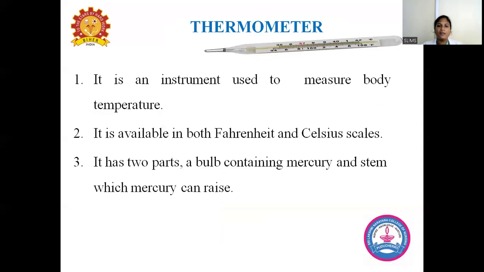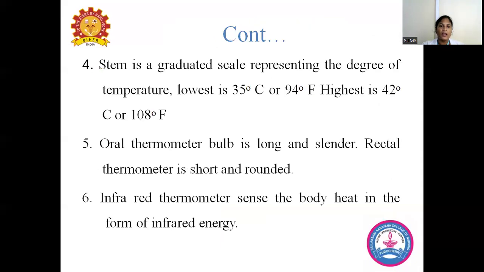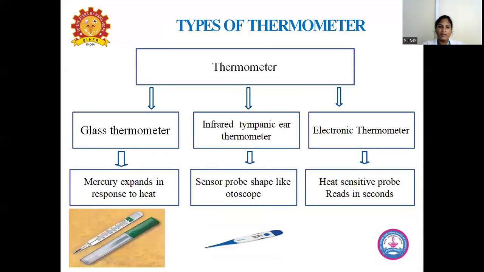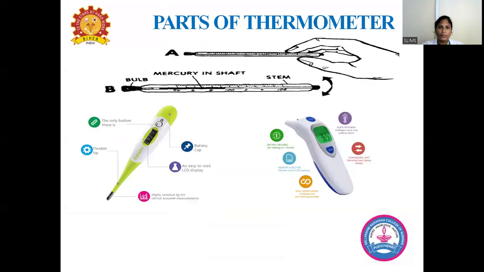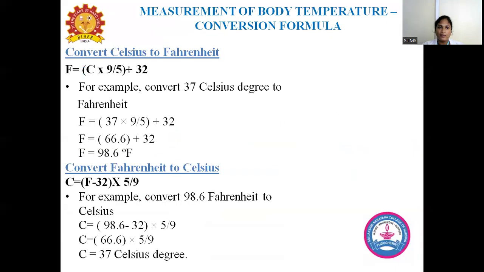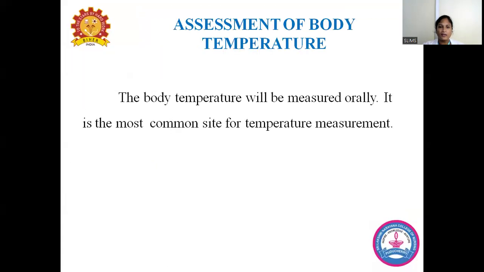And the instruments used to measure body temperature, as we all know. There are three types of thermometer: glass thermometer, infrared tympanic ear thermometer, and electronic thermometer. And parts of thermometer, as we discussed before, and measurement of body temperature, converting Celsius to Fahrenheit and Fahrenheit to Celsius.